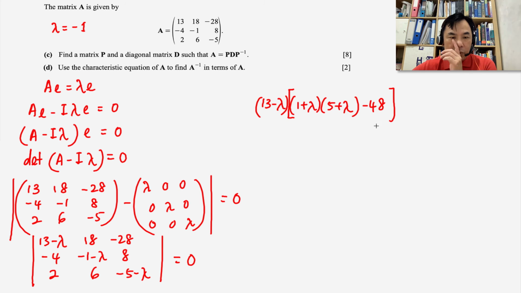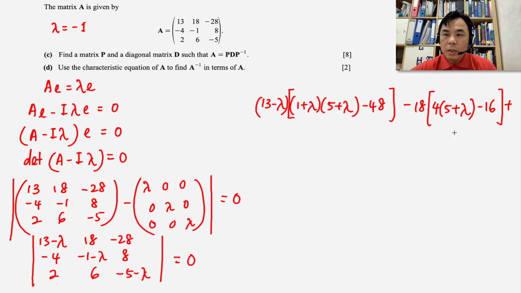Now that's my first one. And then after that, I need to subtract off with the 18. All right, 18 AD minus BC. That would be same thing. This multiply with this. That will be 4, 5 plus lambda. And then let me see here. 5 plus lambda minus of 16.